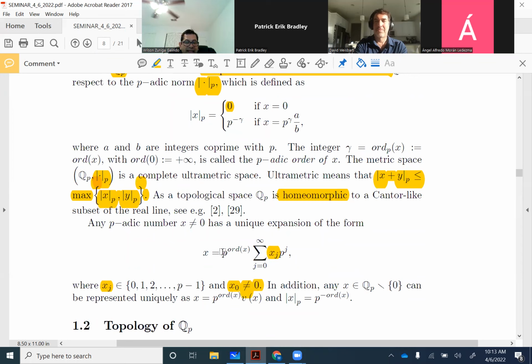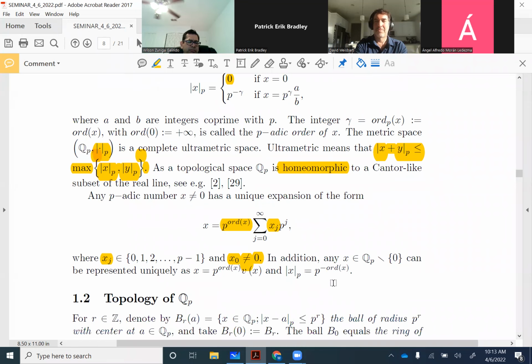Okay. Then this power of p is well defined due to this condition. Then any p-adic number different from 0 can be represented as a power of p to the order of x times another p-adic number. And the p-adic norm of x is exactly p to the minus the order of x.